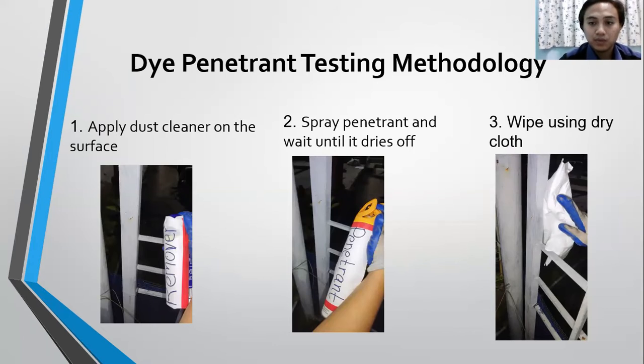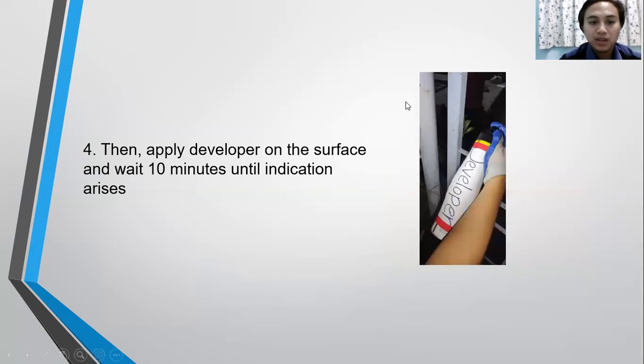Okay. For the last process, we apply the developer on the surface and wait 10 minutes until indications arise. The developer is used to examine the part within the time frame designed in the written procedure.